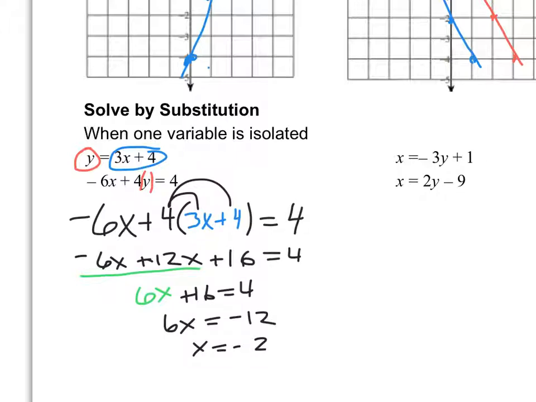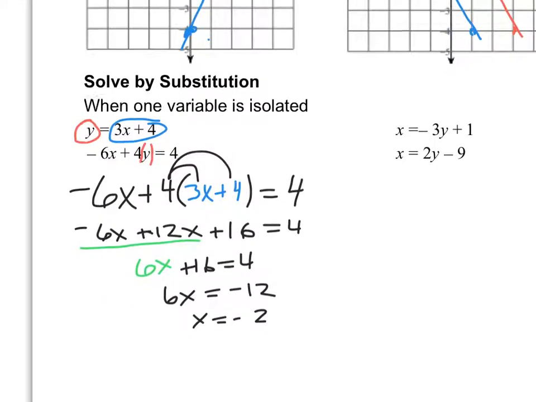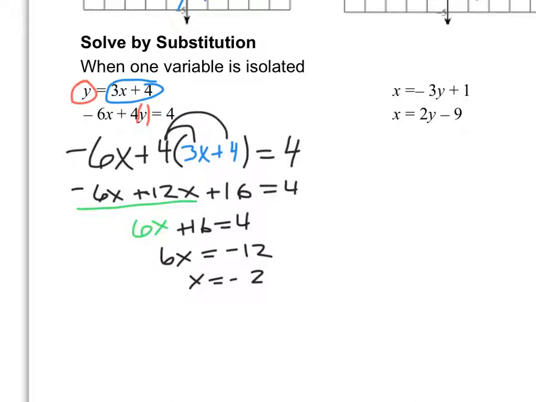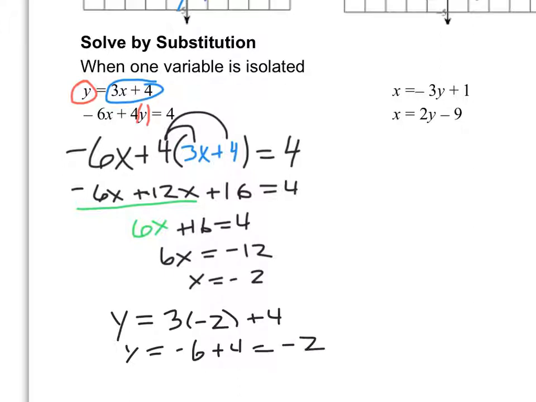When I'm doing a system, though, I need to have two answers, so I'm going to substitute that -2 back in, and I use the first equation that already has y by itself. So y equals 3 times -2 plus 4, so y equals -6 plus 4, which is -2. So this point is going to be (-2, -2).